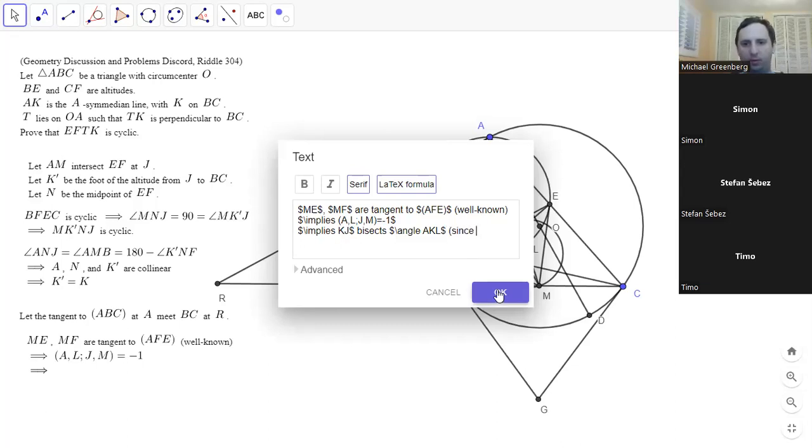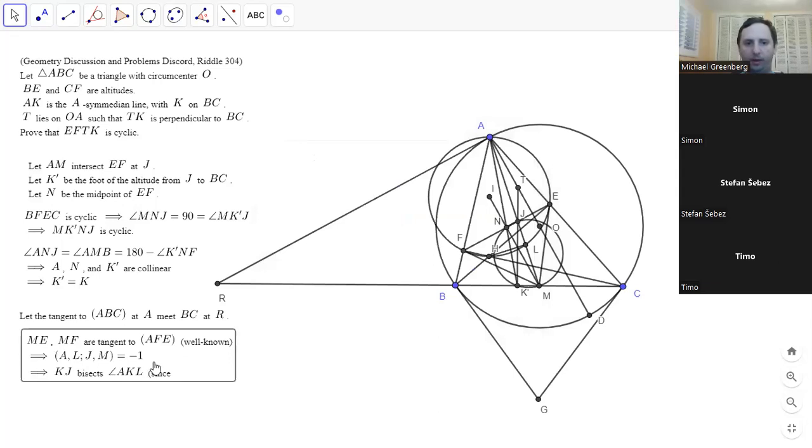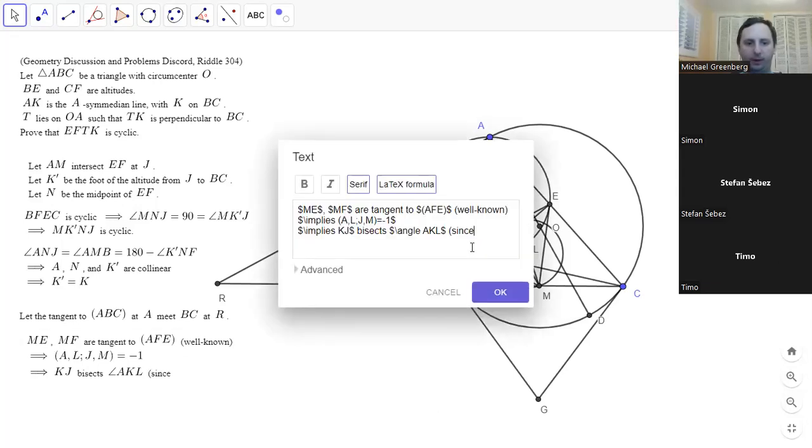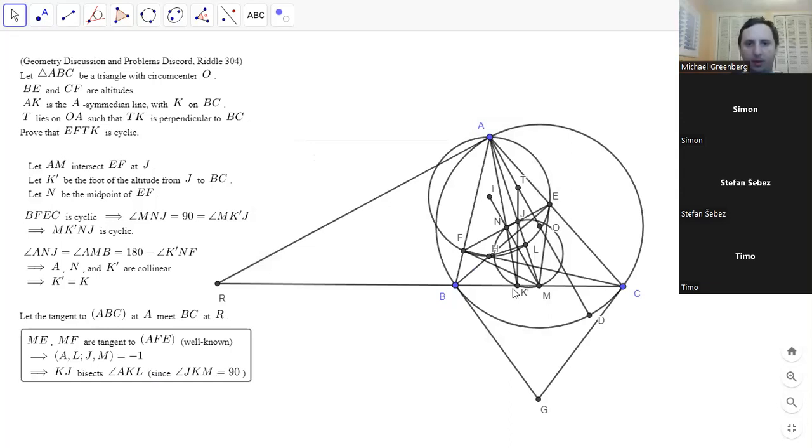Since angle JKM equals 90, and RA is equal to RL, that's well known.